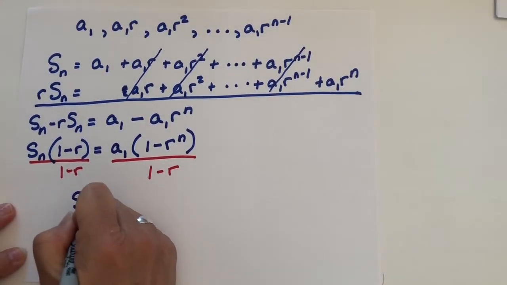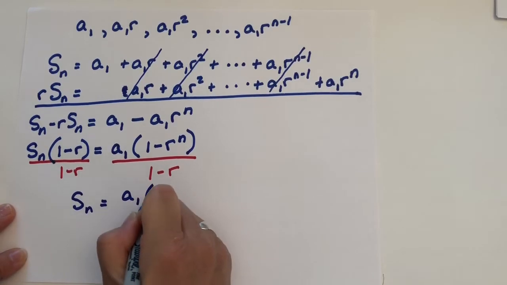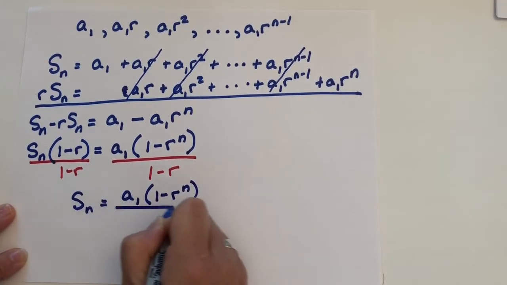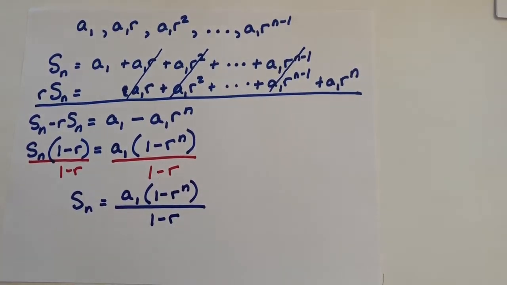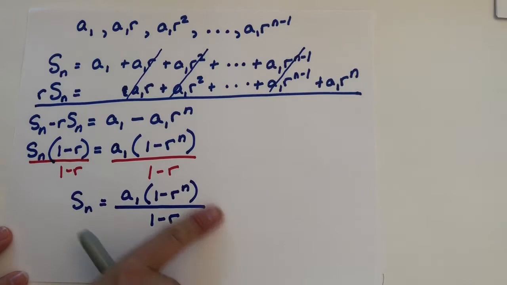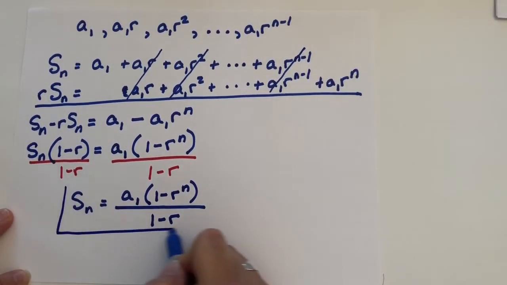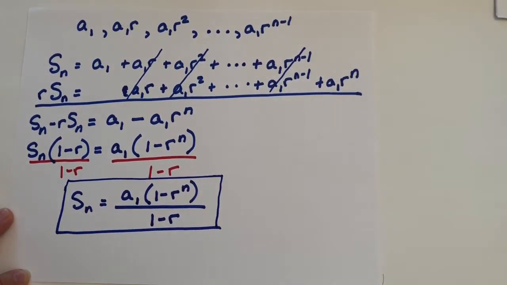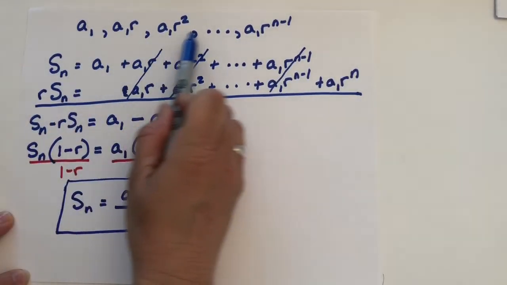S sub n equals a sub 1 times 1 minus r to the nth divided by 1 minus r. And of course, r can't be 1. If r were equal to 1, we would have a 0 in the denominator. So here's our formula for the sum of the first n terms of a geometric sequence.